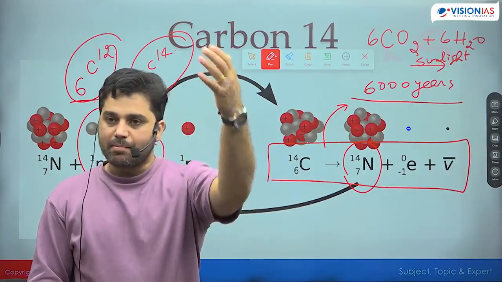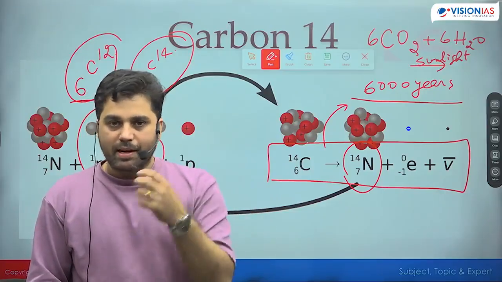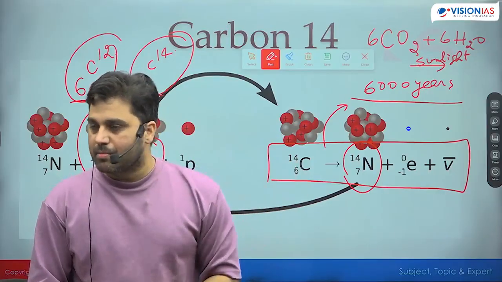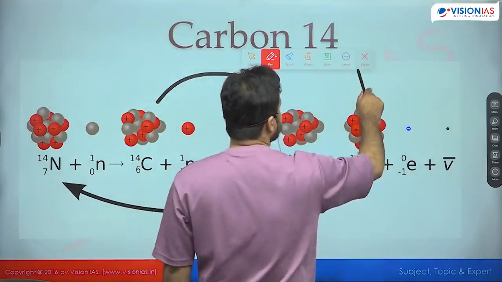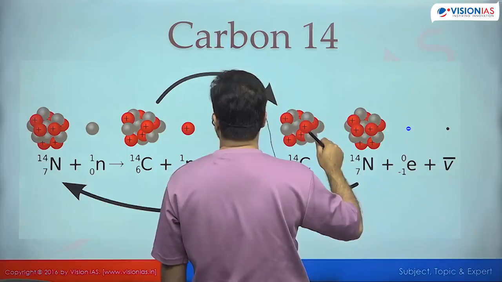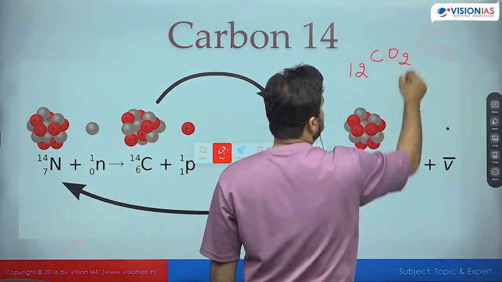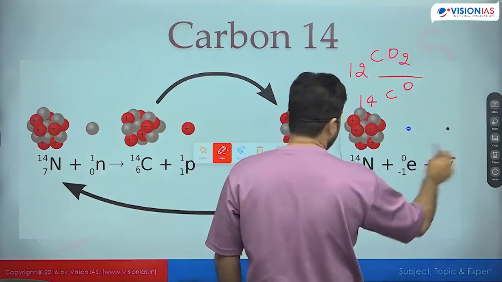So when plants absorb carbon dioxide, they are not only absorbing carbon dioxide with carbon of atomic mass 12, but they are also absorbing carbon of atomic mass 14. So when photosynthesis is happening, it is happening for 12 CO2, and it is also happening for 14 CO2.